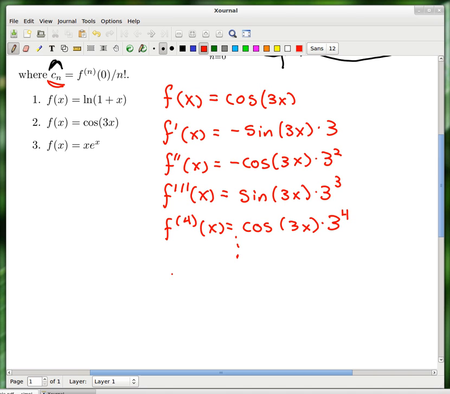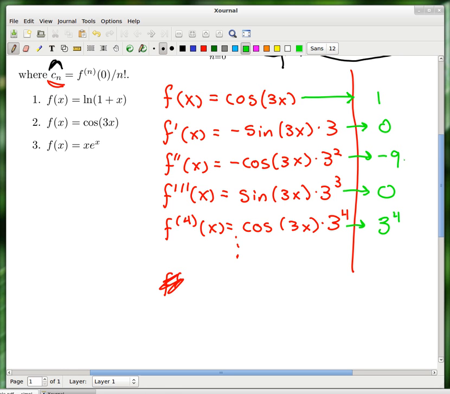Thank goodness. So what happens when you plug in 0 to these things? So this one becomes 1, right? This one becomes 0. This one becomes negative 1 times 3 squared, which is minus 9. This one becomes 0. This one becomes positive 1 times 3 to the fourth power.